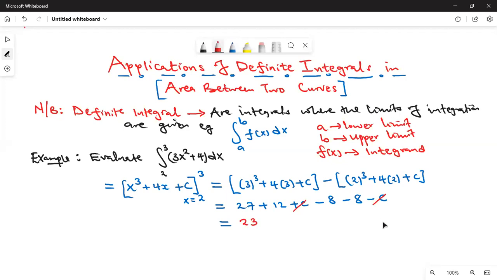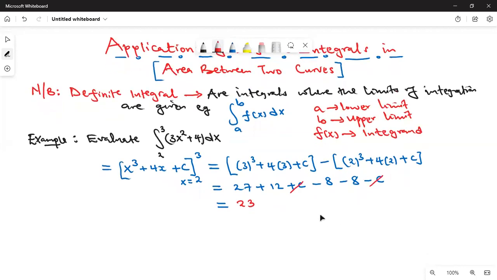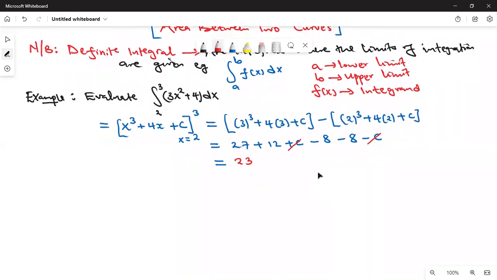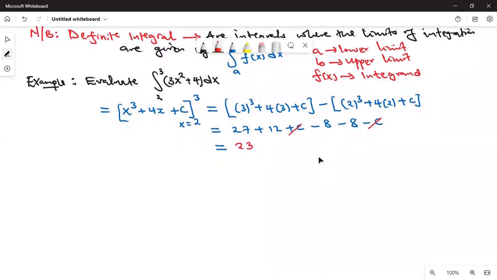So usually we recommend that when you're given a definite integral, don't even write the constant of integration, because you're going to plug in the limits and you find that C will cancel out. So you need to take note. I included the constant just to explain to you why we are saying it will cancel out when you plug in the limits of integration.